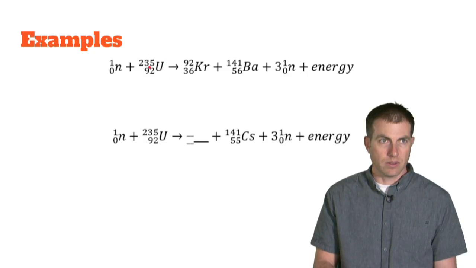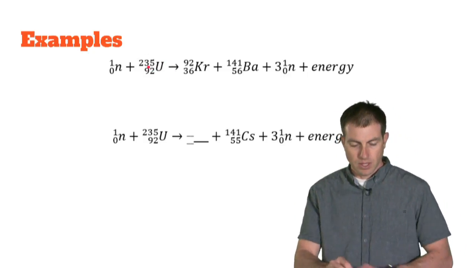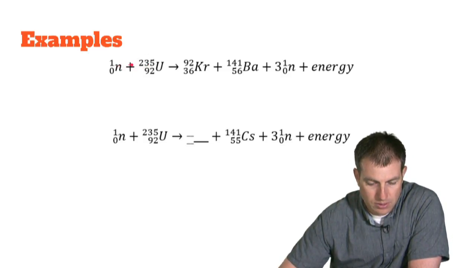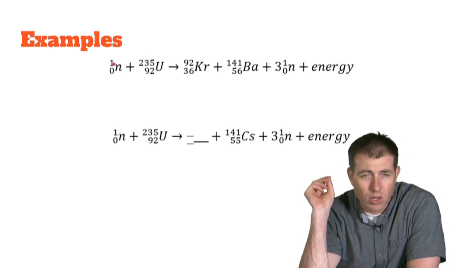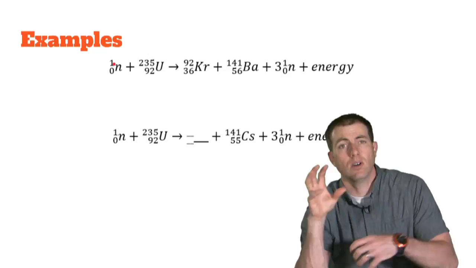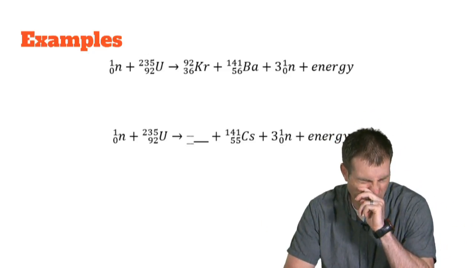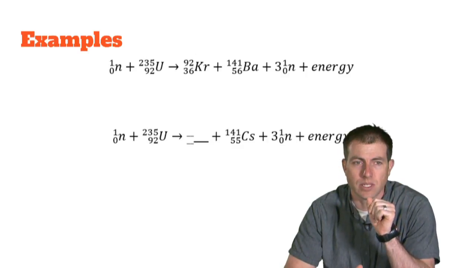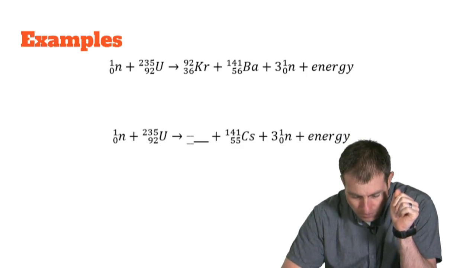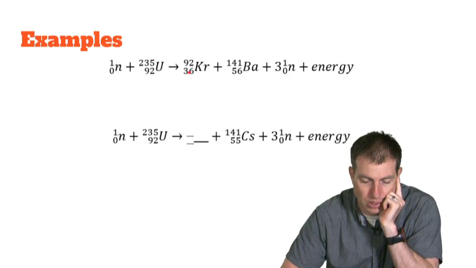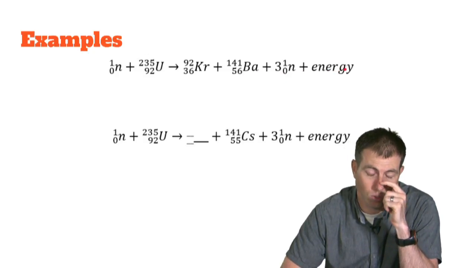If I take some uranium and I get a neutron going really, really fast and fire the neutron at the uranium, it's going to go, oh no, I'm too big now, and then it's going to break down. There are, I think, 18 different combinations of things it can break down into. You never really know which one it's going to break into. In this particular example, it's breaking down into krypton and barium, giving off 3 additional neutrons and then a whole lot of energy.